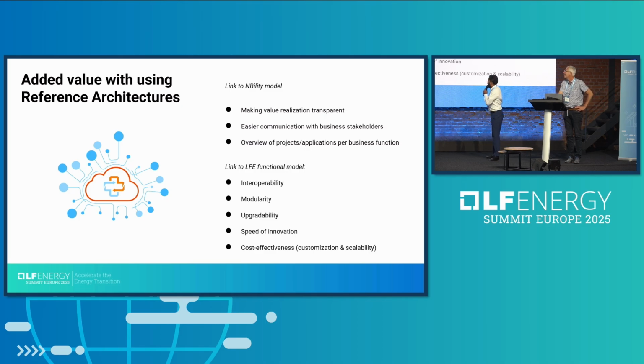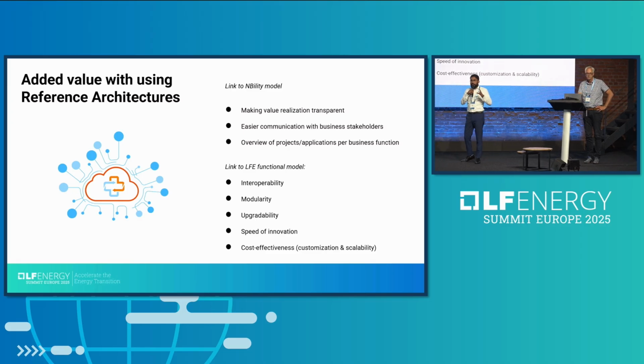Now, I will focus on the benefits which we intend with the functional architecture model of LF Energy. A couple of them have already been mentioned and addressed in different presentations. I will zoom in on two of them. You see in the bottom layer interoperability and modularity. One point which came up many times during presentations was modularity. If a functionality is required, how can I reuse it?